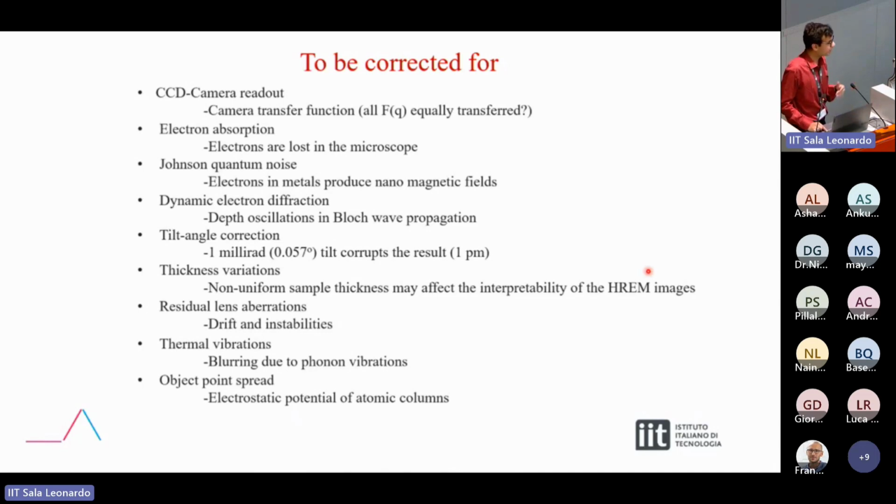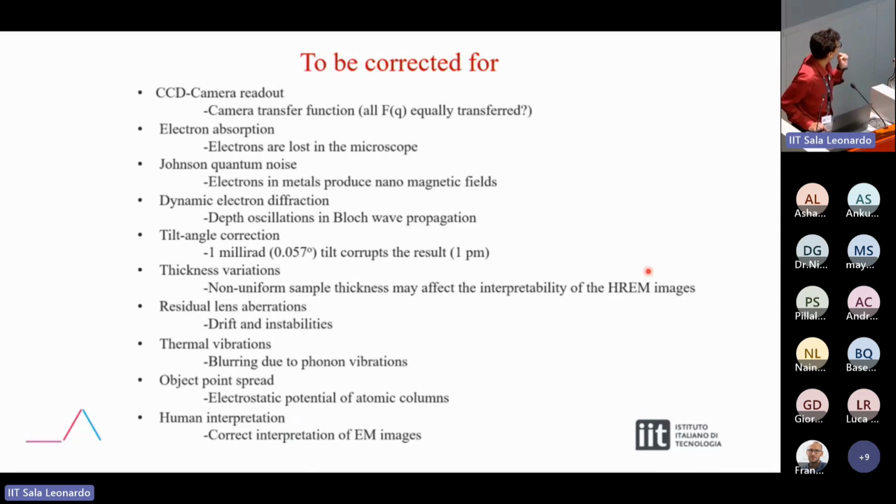So you are going to be limited by this object point spread at the end. And finally, the human interpretation. We should interpret our images correctly. We should know what we are observing. Some manufacturers also make mistakes in estimating the resolution, but a very important part is the human interpretation factor.